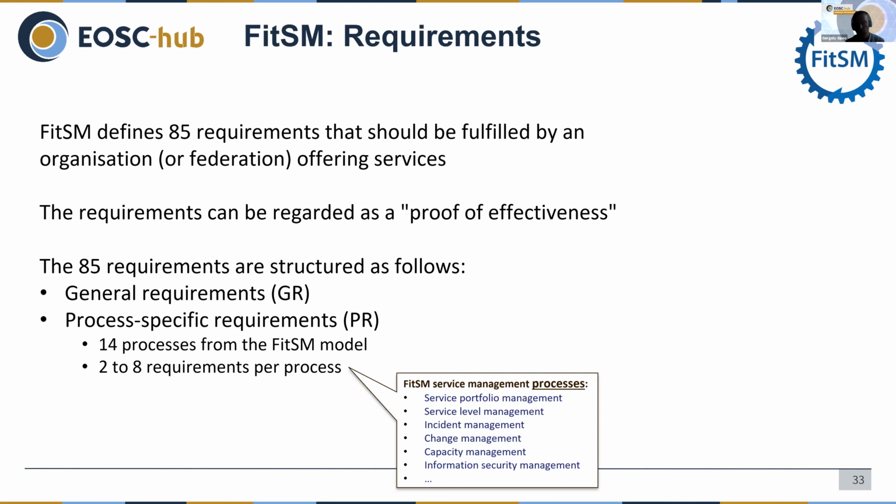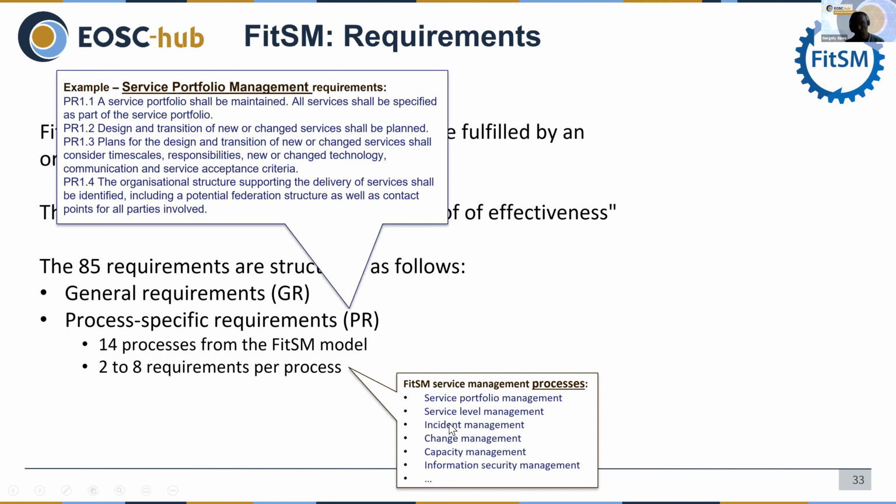A service level management process, talking about how to plan service delivery towards your customers. There is an incident management, how to handle incident situations. Change management, how to update your service, who to alert on an update, how to announce downtimes, for example, how to plan changes, capacity management, and so on and so forth. So there are 14 of those. And there are a number of requirements defined for each of these 14 processes.